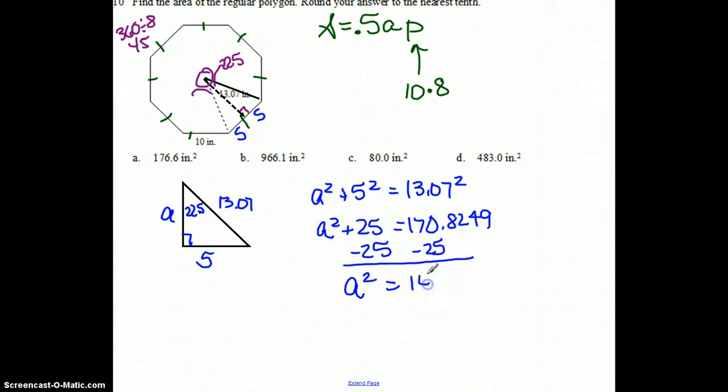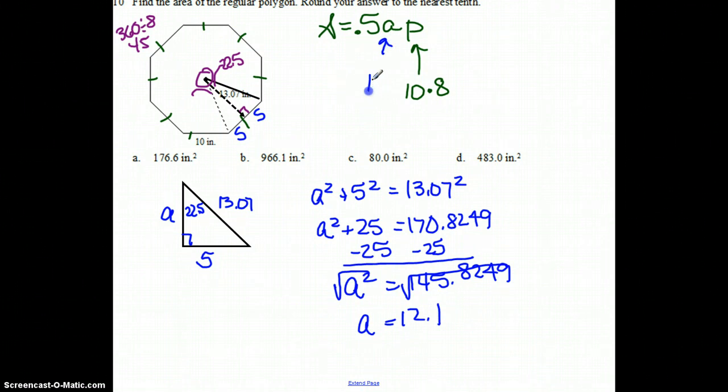So I end up with 145.8249. Then remember, to get A by itself, I do my square roots here. So A, if I were to round it, would be 12.1.